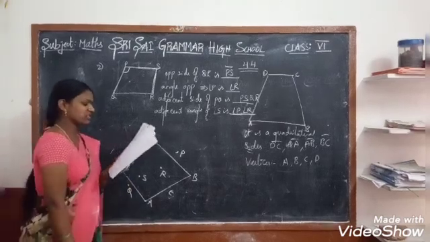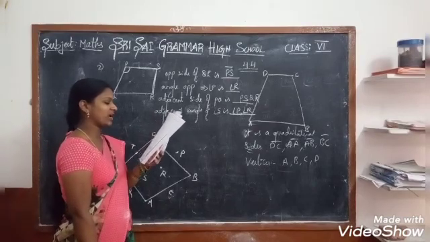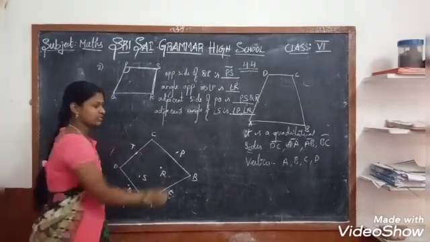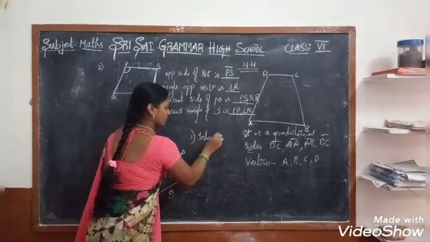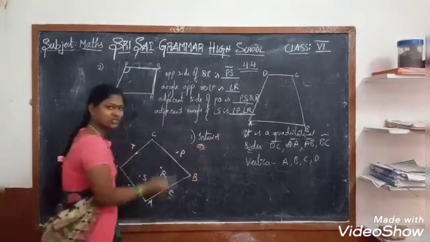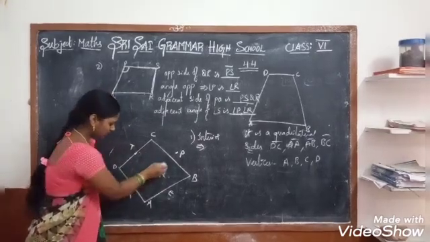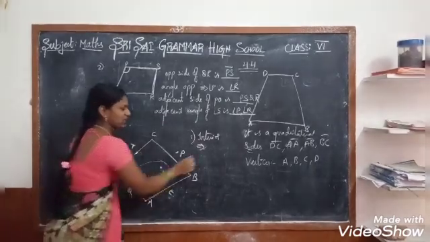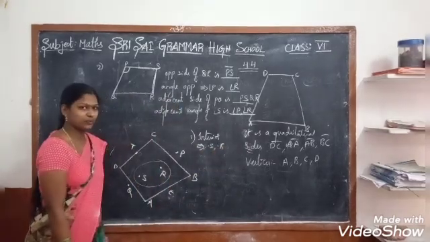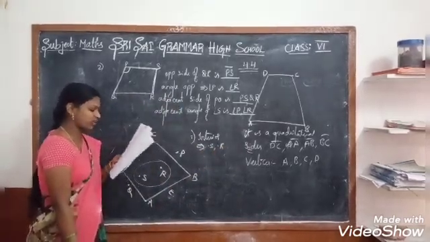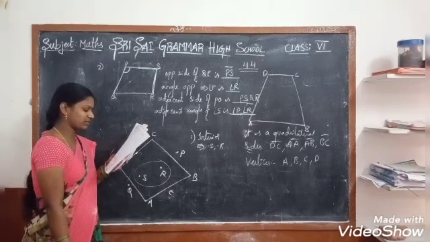Yes, from this, the points in the interior of the quadrilateral. Interior, first one, what are the interior points in the figure? Point S and point R are interior points. Okay. Now the points on the boundary of the quadrilateral.